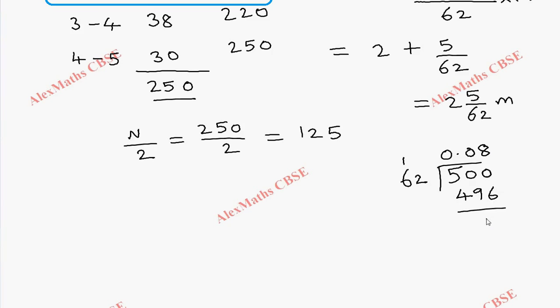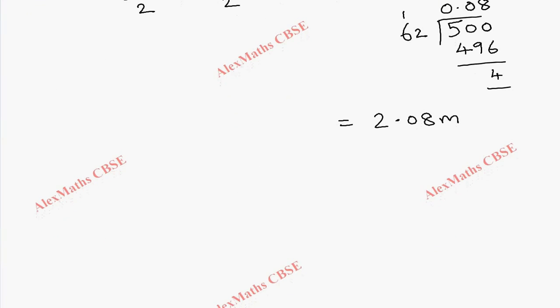So the remainder is 4. So we have calculated only this part. So totally adding that with 2, we get 2.08 meter. So this is our median.